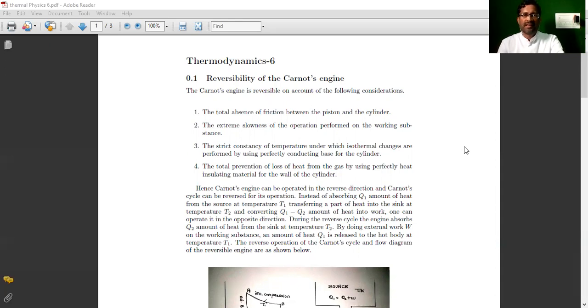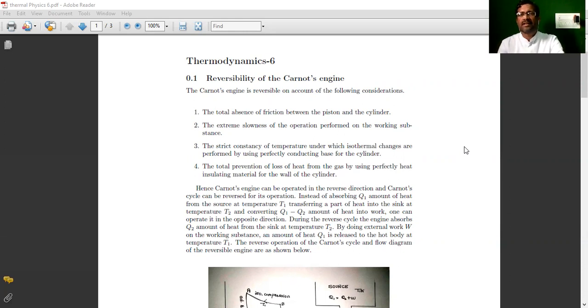The second reason is the extreme slowness of the operation performed on the working substance. And the third reason is the strict constancy of temperature under which isothermal changes are performed by using a perfectly conducting base for the cylinder.